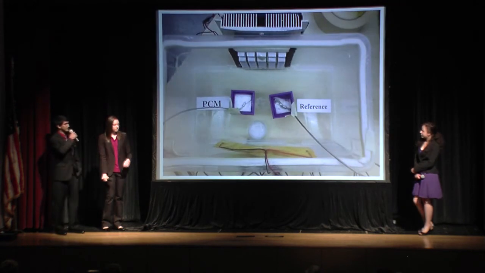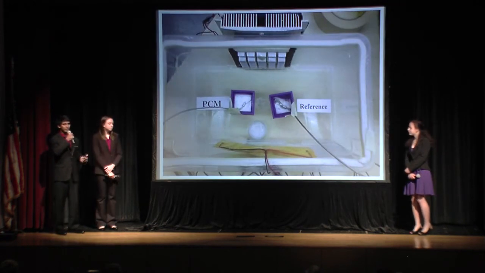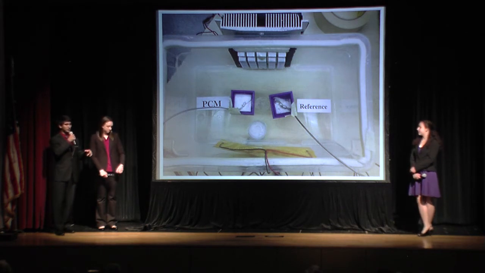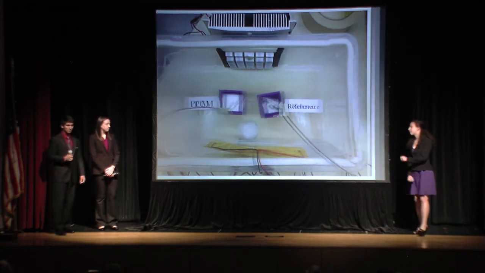So the next step of the testing apparatus is that we upgraded the cardboard box to a plastic box where we have sample holders holding the reference material and the PCM. And we have thermocouples monitoring the temperature fluctuations with the materials. And also we added a Peltier cooler and a heating pad to manipulate the temperature within the box.